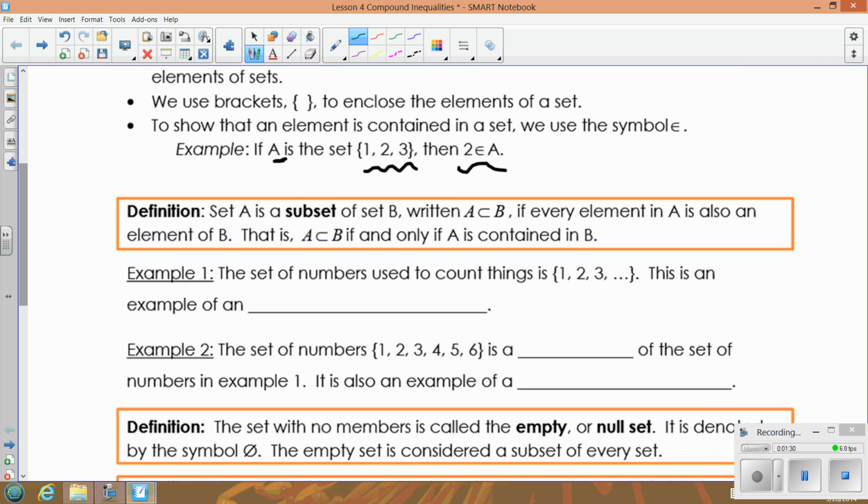So some examples here. The set of numbers used to count things. So the counting numbers, we've already talked about this last unit, 1, 2, 3, and so on. This is an example of an infinite set because it goes on forever.